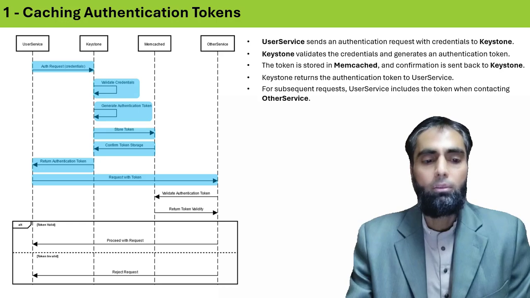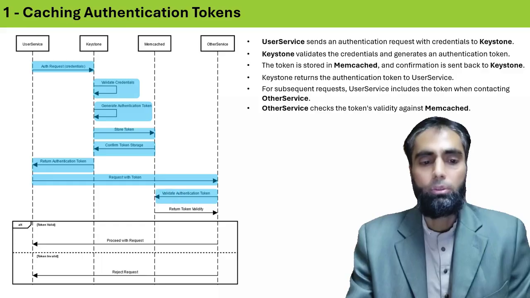When the request with the token is received at the particular service, for example the compute service, it validates the authentication token with Memcached, and its status is returned to that particular service. If the token is valid, as validated from Memcached, then the compute service proceeds with the request.